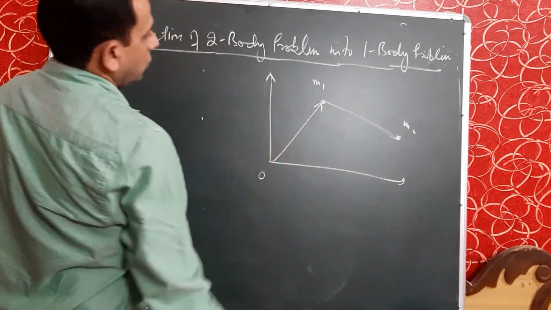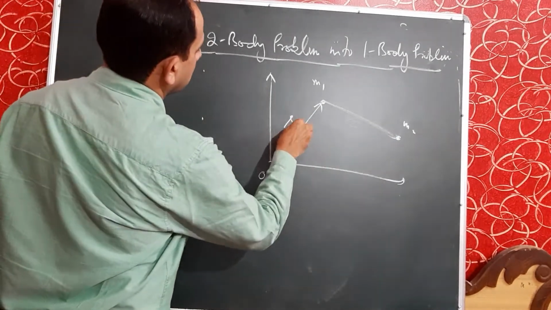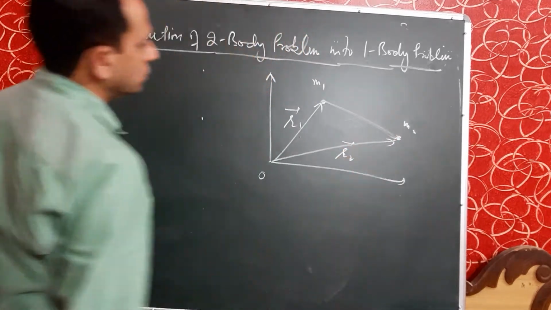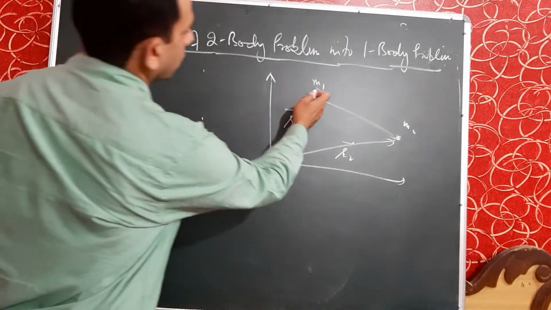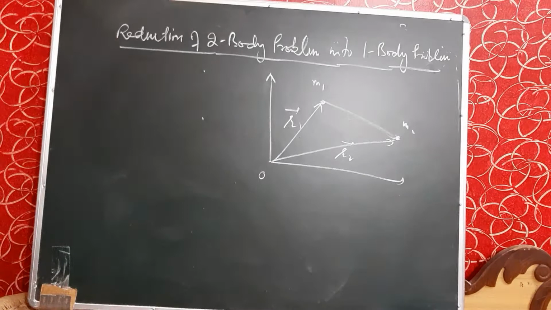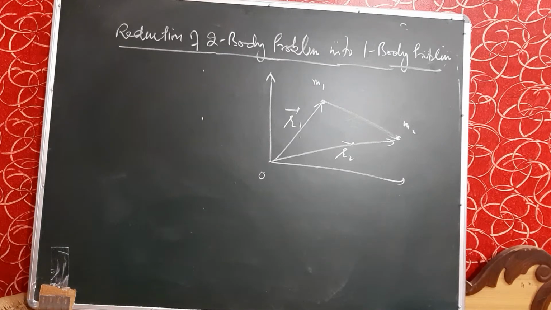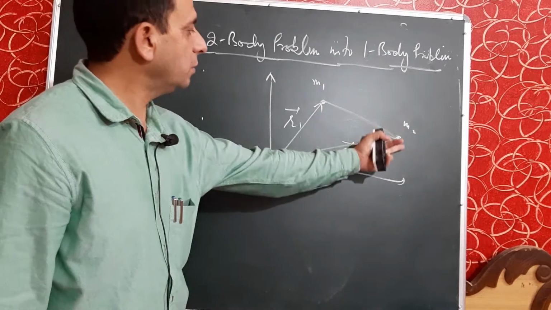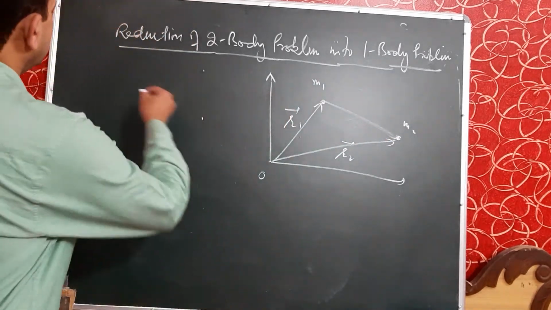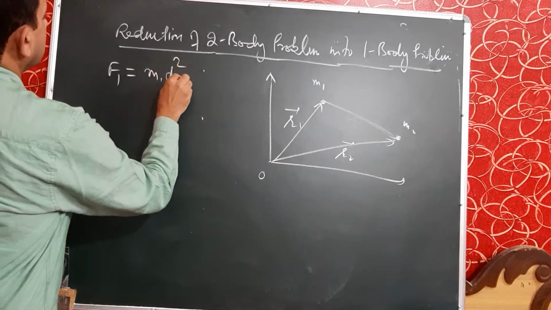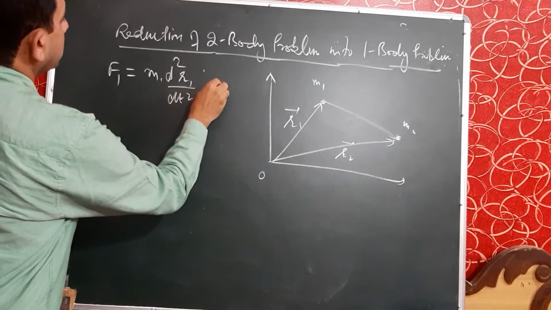Now, we know that the position vector of the first particle is r1 and for the second particle is r2. Masses are m1, m2 and position vectors are r1, r2 of these two particles. Now, we apply Newton's second law of motion. There are two forces: F1 is equal to m1 d square r1 upon dt square.